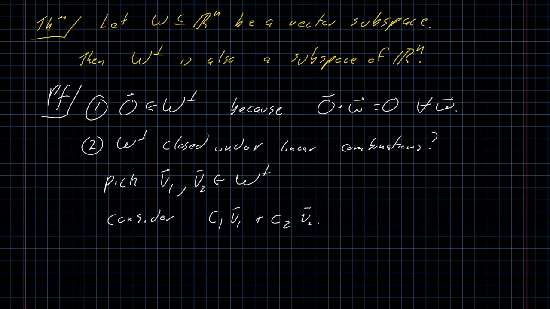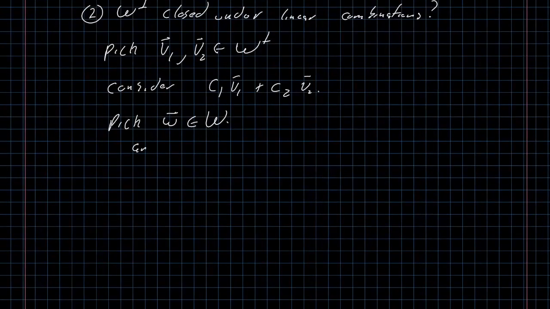Once again, in order to show that it is in the orthogonal complement, we need to pick a W in the vector subspace W, and then take the dot product of our linear combination with that W.